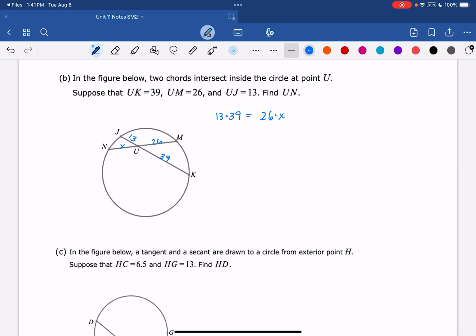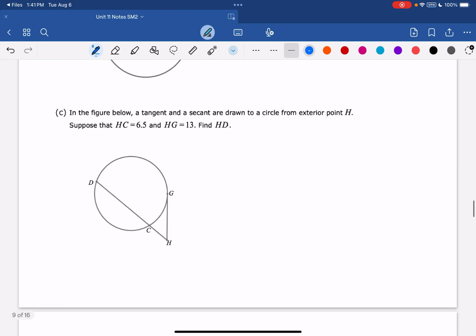Okay, so we would have 13 times 39 is 507. And that's equal to 26x. Divide by 26. And x is equal to 19.5. Or it asks us to find UN, which would be 19.5.